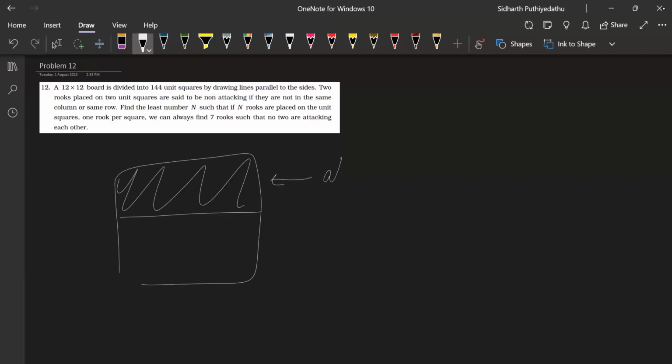So we have 6 rows of all rooks. That gives us 12 times 6 is equal to 72 rooks, 72 rooks on the top half of the board. There's no 7 that you can choose, because by PHP, if you choose any 7, some 2 are in the same row, so we're in trouble. And so 72 is naturally probably the maximum number of rooks such that there isn't a bad set.